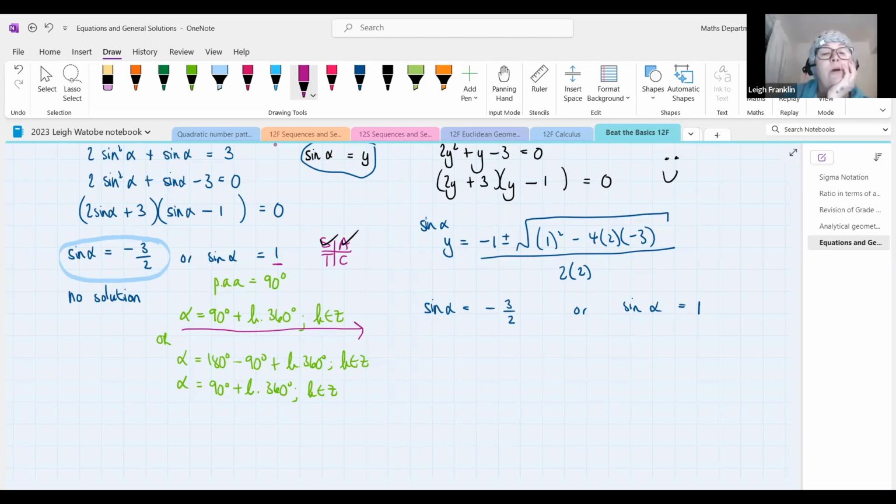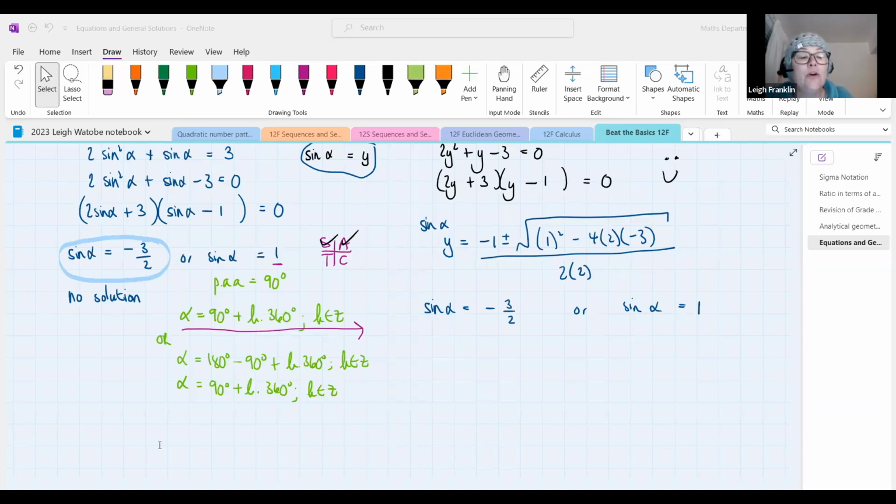Everybody happy with that? Okay, Lisa Kanya, why is our RA 90 degrees? Because when you find your PAA, you go shift, sine, and then you put in the 1, and it gives you 90.